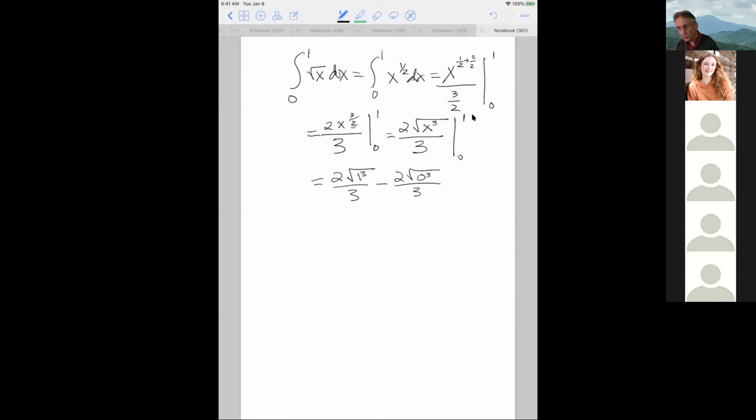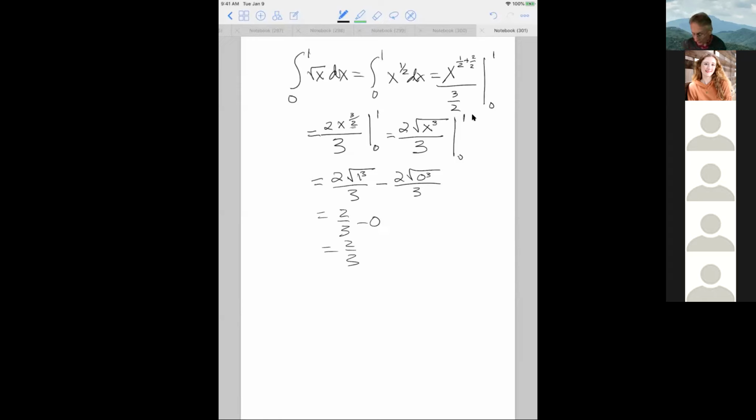Sometimes a single term inside there will become 0, but the rest of it won't. So you've got to be conscious. Just because there's a 0 there doesn't mean the whole thing is 0 sometimes. But in this case, the whole thing is 0. If the numerator is 0, then it's got to be 0. So you can see that the square root of 1 is 1. So I end up with 2/3 minus 0, which is 2/3.